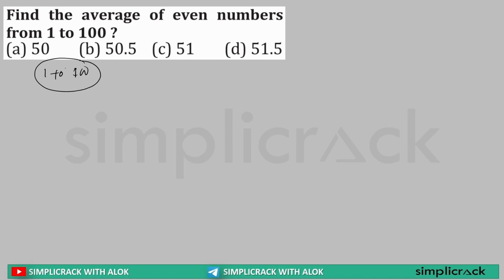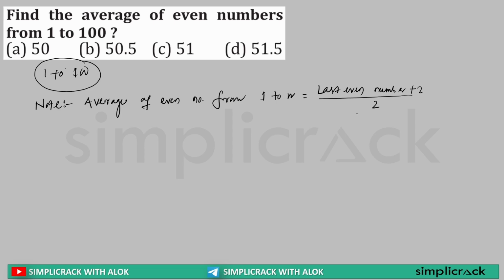Now understand this. Note, sir, whenever it says find the average of even numbers from 1 to n, the average will be the last even number plus 2, divided by 2.